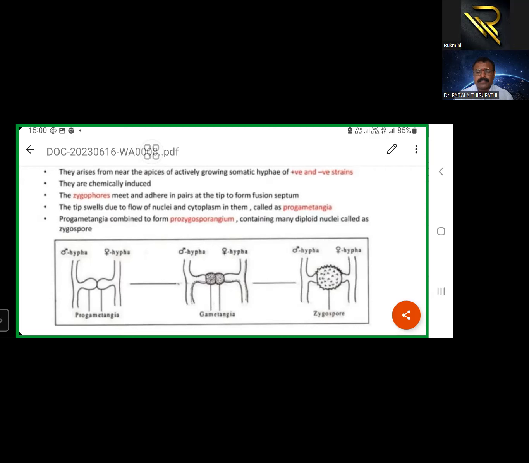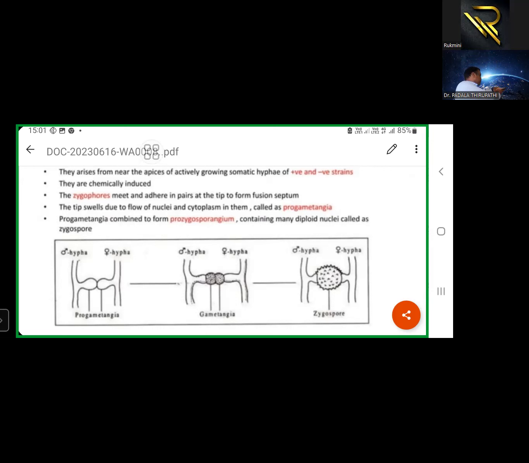Those hormones are secreted by these two fungal mycelia, and they induce them to be involved in the fusion process. That hormone's name is trisporic acid. This trisporic acid stimulates the Mucor mycelium to participate in the gametangial fusion process.